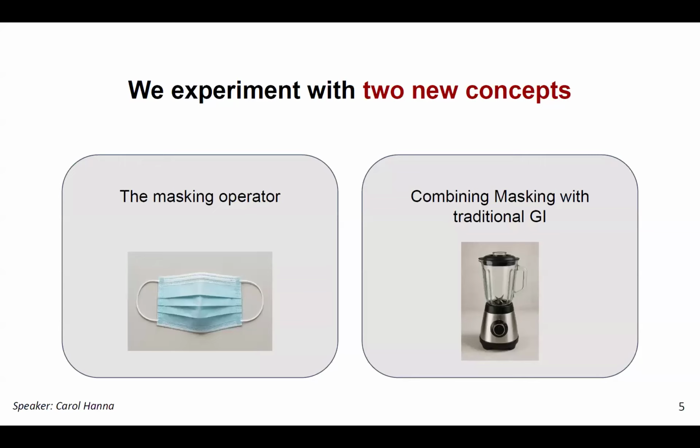So our paper experiments with two new concepts building on the previous work. As I previously explained, the previous work used the replacement operator. So the LLM was prompted with replacing the entire method to generate variants that have a better runtime. What we do instead is we pass to the LLM the masked function.